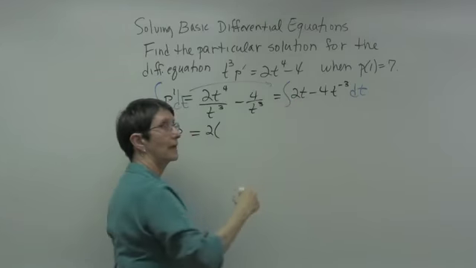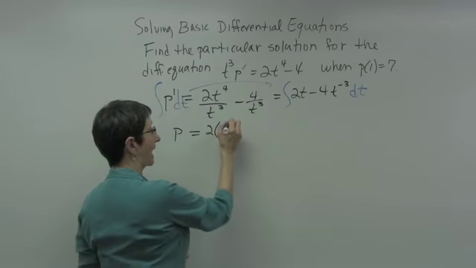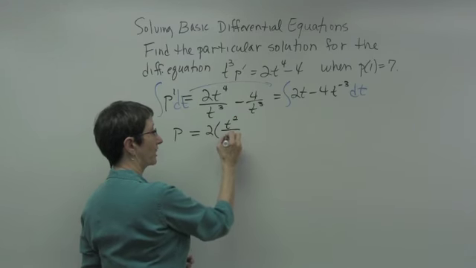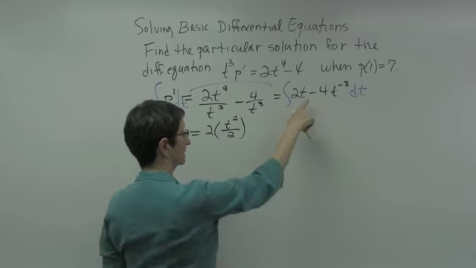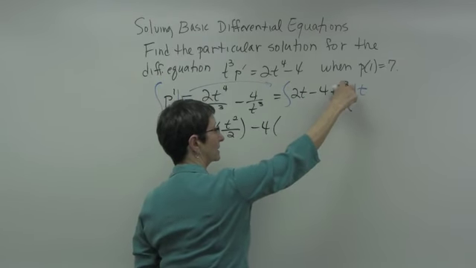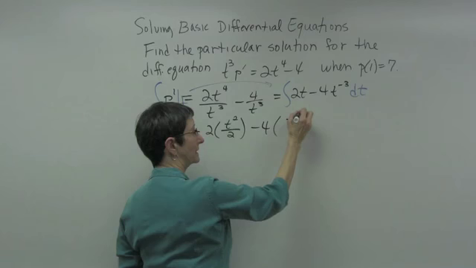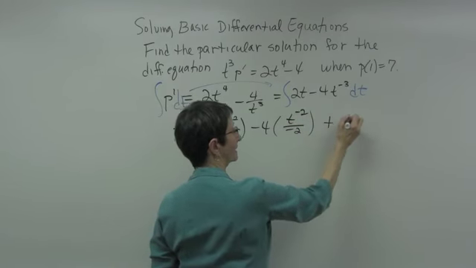I use the power rule for antiderivatives. This is t to the first. Add 1 to the exponent, becomes t squared, over 2. Add 1 to the exponent and then divide by the same thing. Minus 4 is the constant multiplier. Add 1 to this exponent, gives me t to the negative 2, and I divide by the same thing, negative 2, and then plus c.